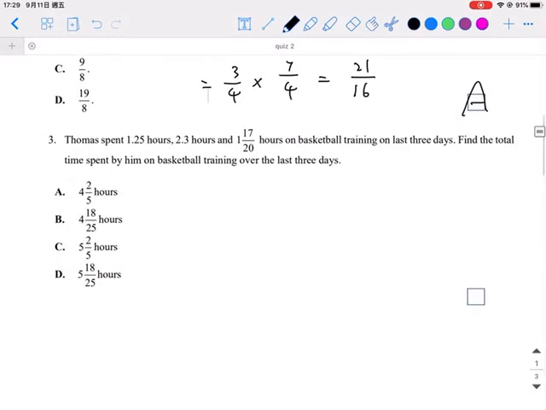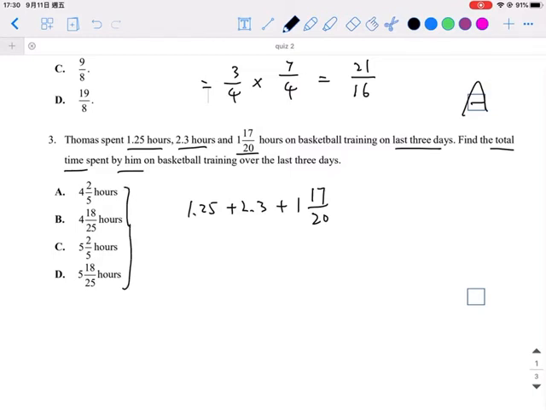And the last one is Thomas spends 1.25 hours, 2.3 hours, and 17 over 20 hours on basketball training on the last 3 days. So find the total time spent by him. Therefore it's 1.25 plus 2.3 plus 17 over 20. I just change all to fractions because all the answers are in terms of fractions.